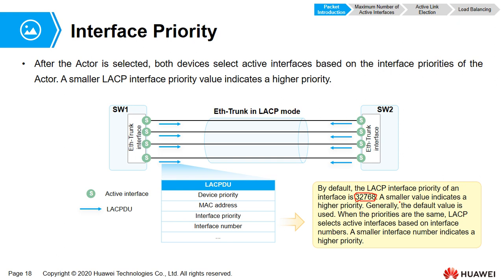A smaller value indicates a higher priority. Generally, the default value is used. When the priorities are the same, LACP selects active interfaces based on interface numbers. A smaller interface number indicates a higher priority.